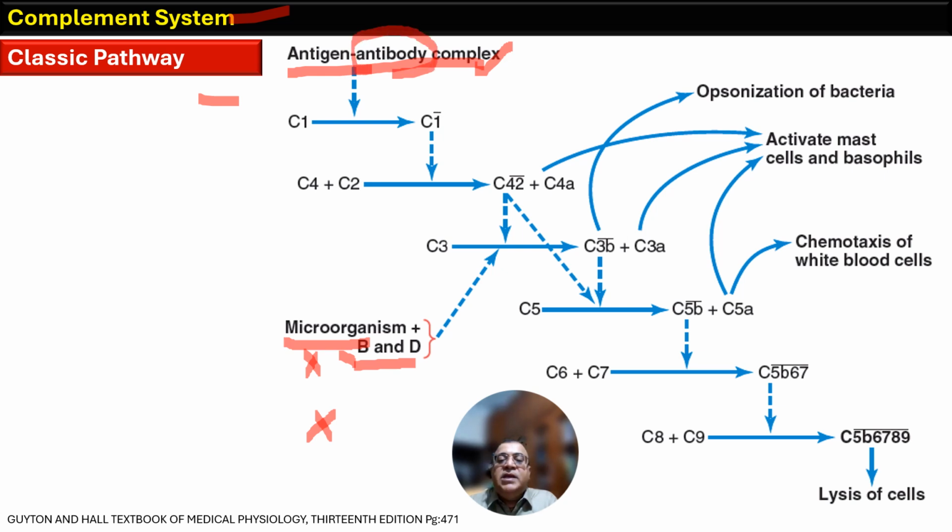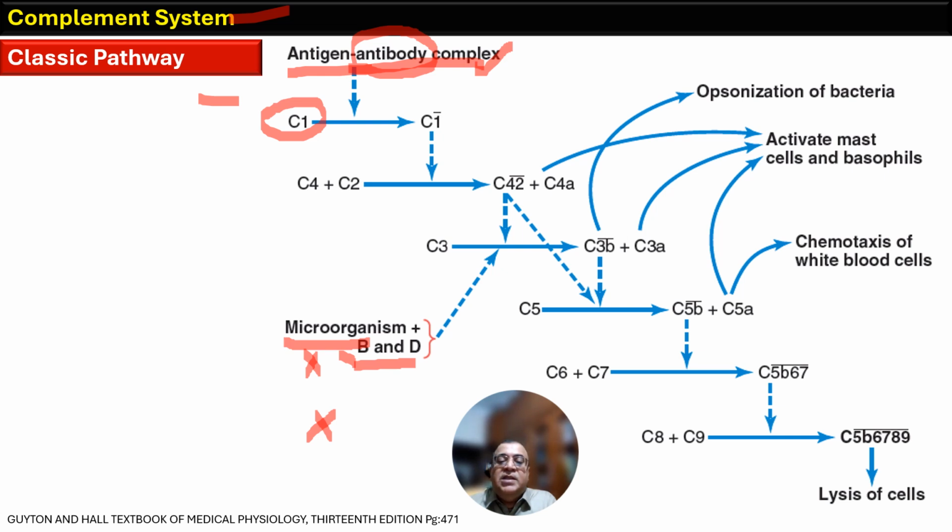This reactive site on the antibody interacts with the C1 of the complement system and triggers the cascade of the protein system and many enzymatic reactions. This pathway then results in production of many biological products that have a specific tissue activity.